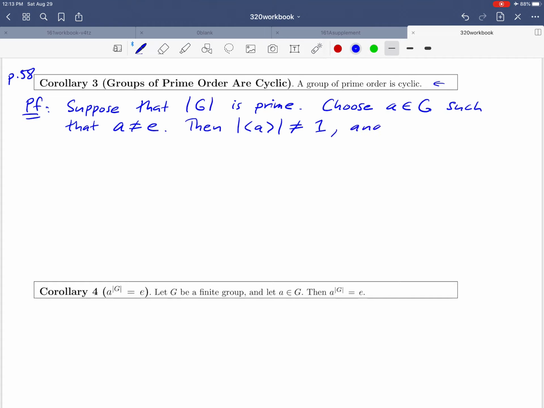And we'll add another piece to this sentence that we started here. We also know that the order of that subgroup has to divide the order of G. That's Lagrange's theorem again.